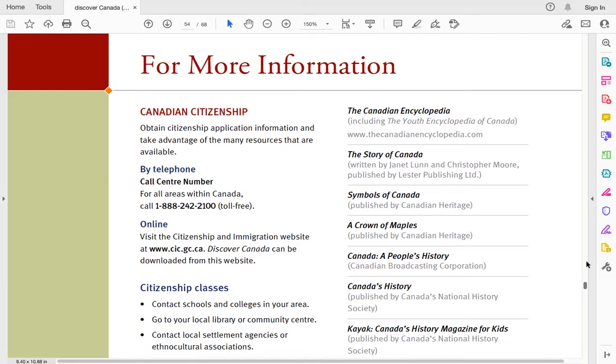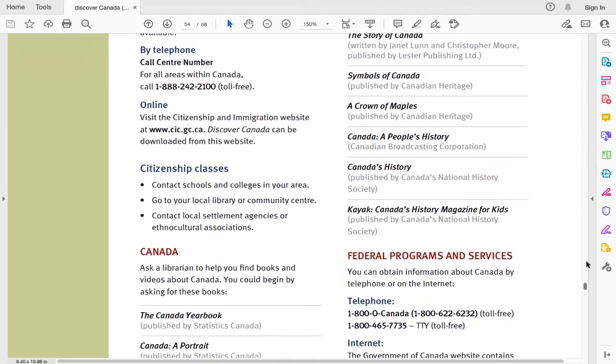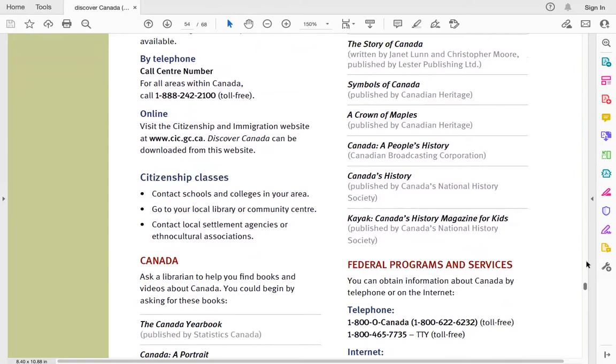Citizenship classes. To obtain more information about citizenship classes, contact schools and colleges in your area. Go to your local library or community center. Contact local settlement agencies or ethnocultural associations.